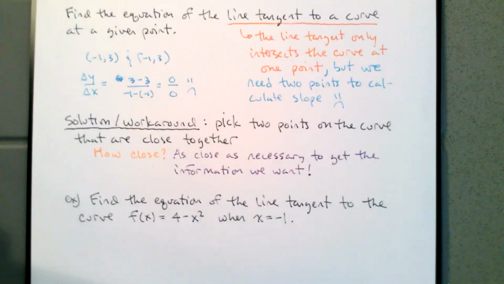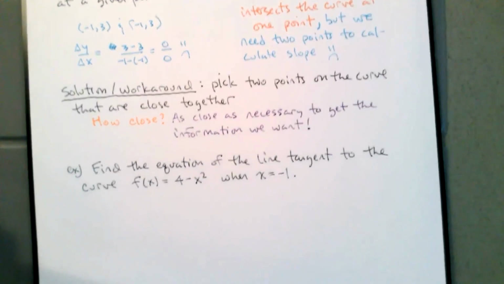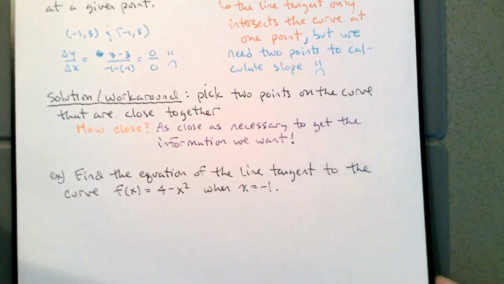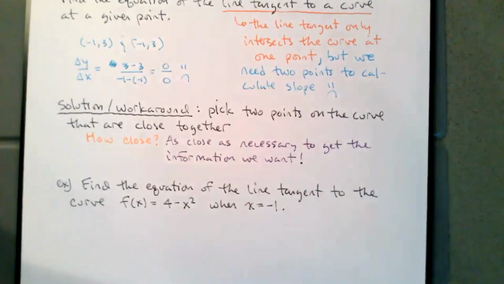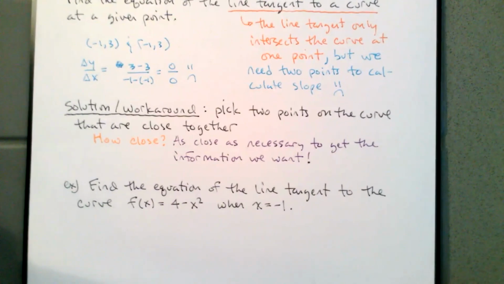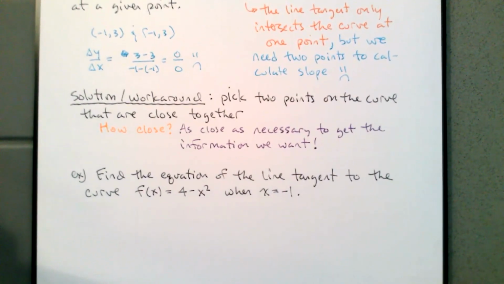Sounds good. So let's find the equation of the line tangent to the curve f of x equals 4 minus x squared when x equals -1. So we have a point when x is equal to -1. Oh, let's first take stock of what we need. We want to find the equation of a line.